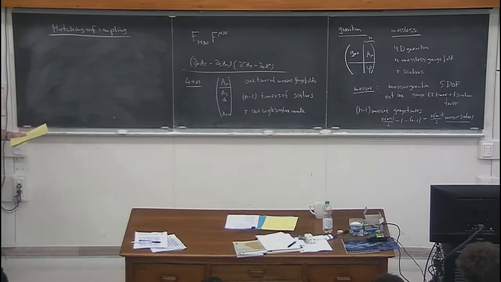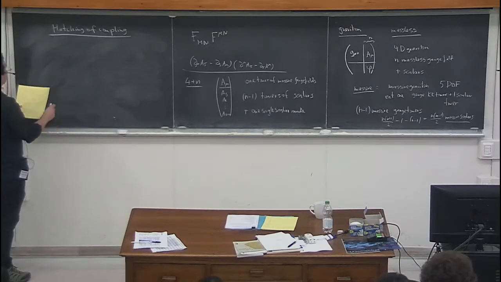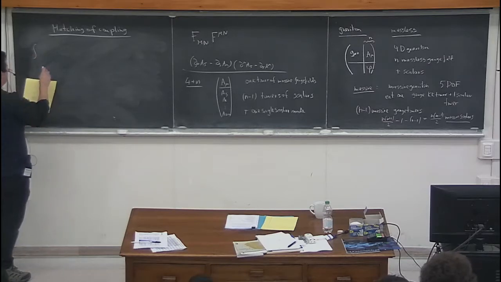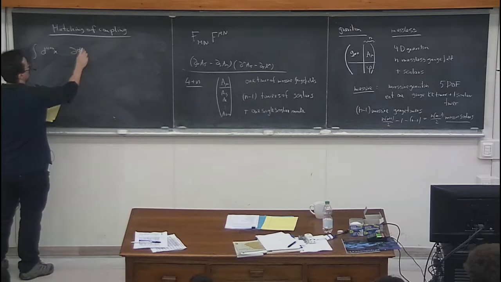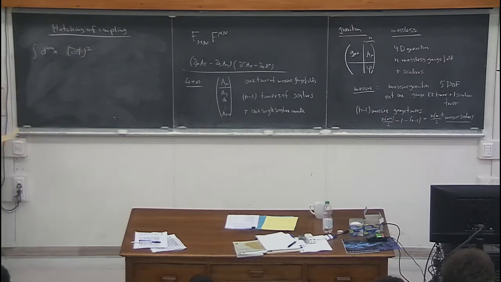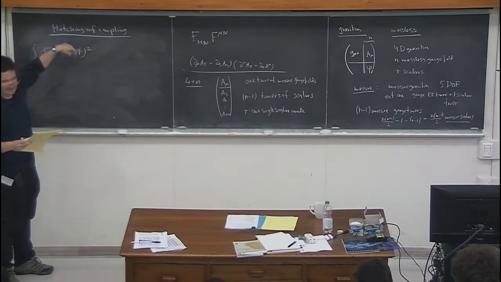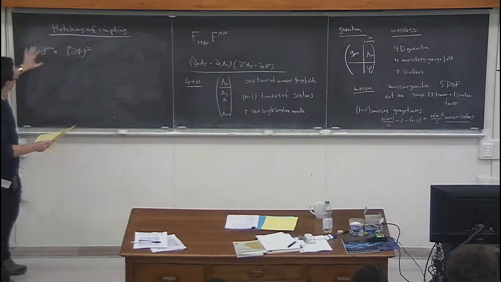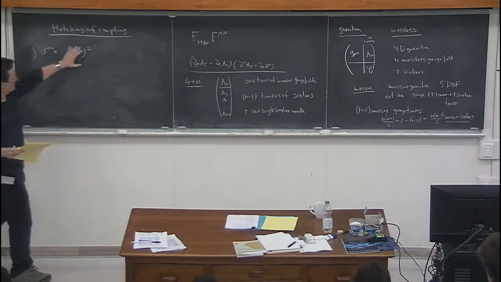The dimensions of the fields will be different in a higher dimension than in 4 dimensions. For example, if I take a scalar field, its action in 4 plus n dimensions has a kinetic term that will still have the same form as in 4 dimensions, but of course now there's a 4 plus n dimensional integral here. The action should still be dimension 0.